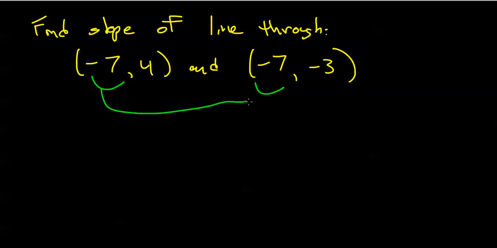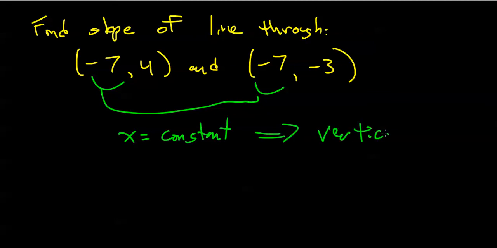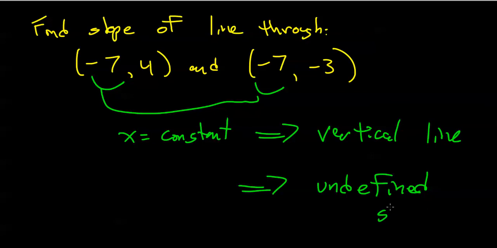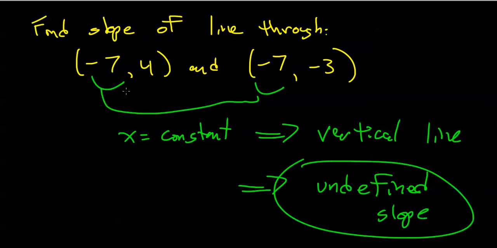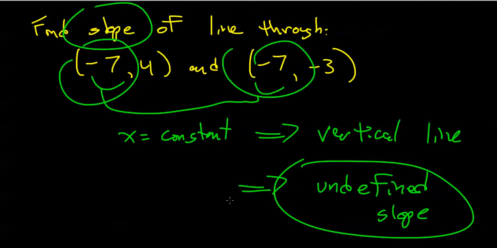That means x is constant between those 2 points on the line, and if x equals a constant, you've got a vertical line. Vertical lines always have what we call undefined, or some call infinite, slope. So probably best to notice by inspection these x coordinates do not change. You can instantly write down your response: undefined slope.